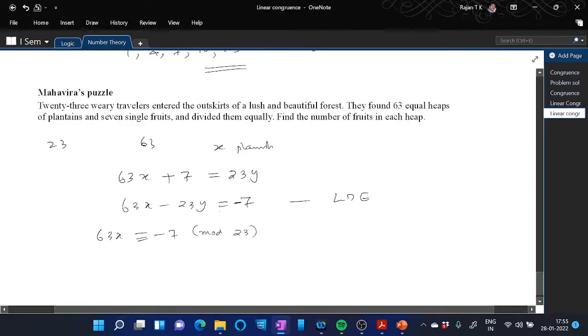The other is minus 23y congruent to minus 7 mod 63. That is why this linear Diophantine equation makes two linear congruences like this.